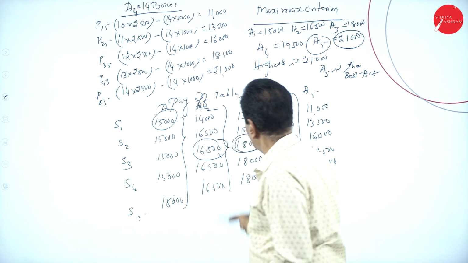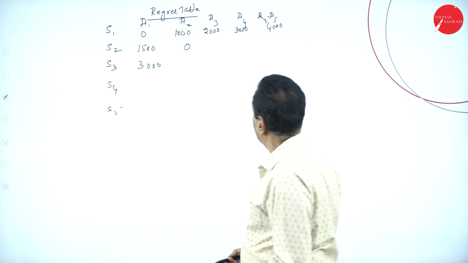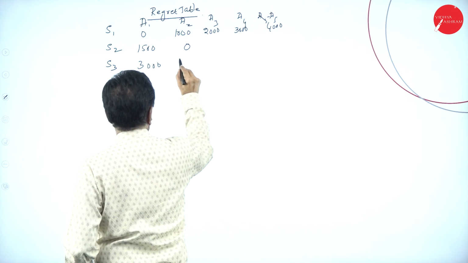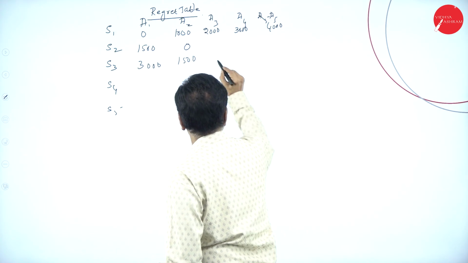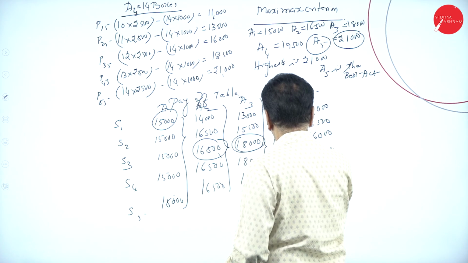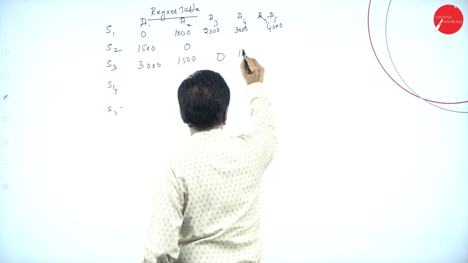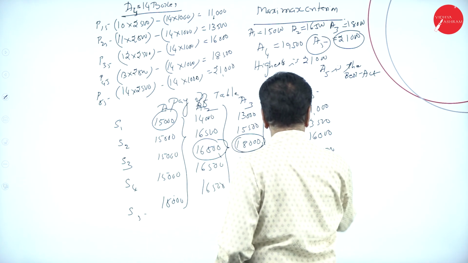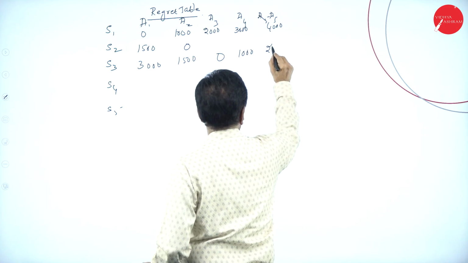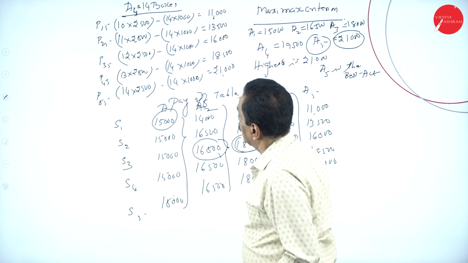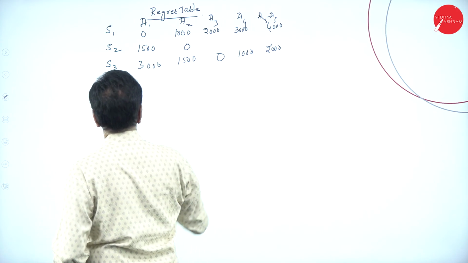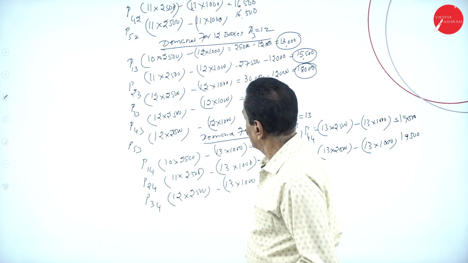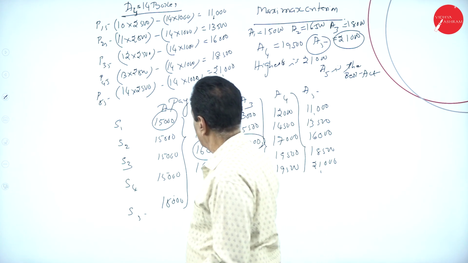Next, 16,500 gives 1,500. Then 18,000 is equal to 0. Then 17,000 is 1,000. 16,000 is 2,000.